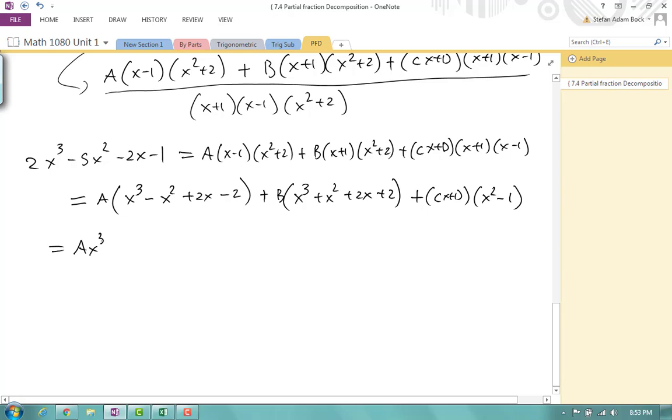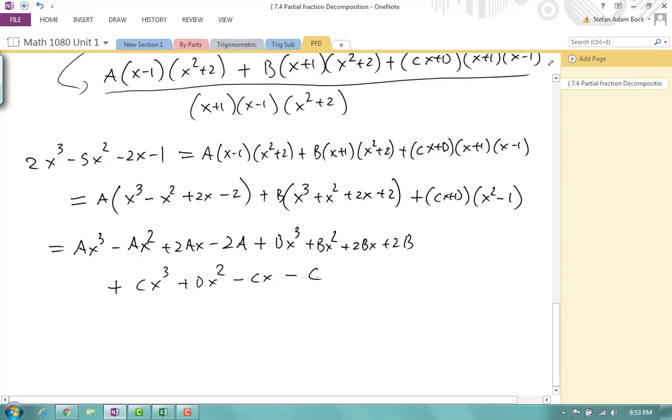I'll have ax cubed minus ax squared plus 2ax minus 2a, plus bx cubed plus bx squared plus 2bx plus 2b, plus cx cubed plus dx squared minus cx minus d. And this whole thing is supposed to equal 2x cubed minus 5x squared minus 2x minus 1.